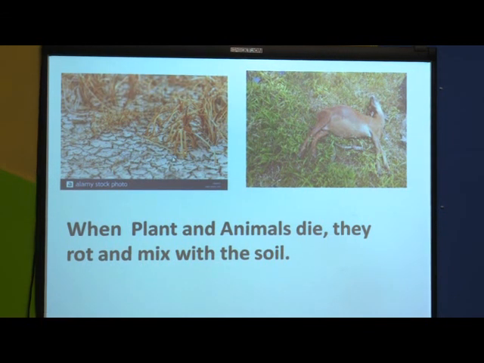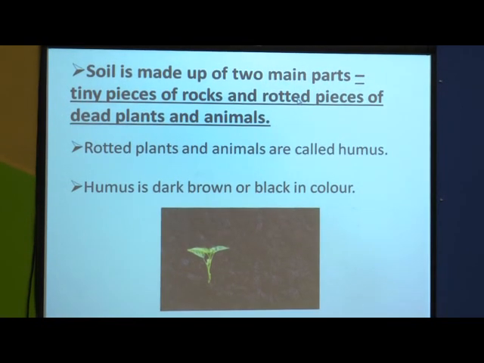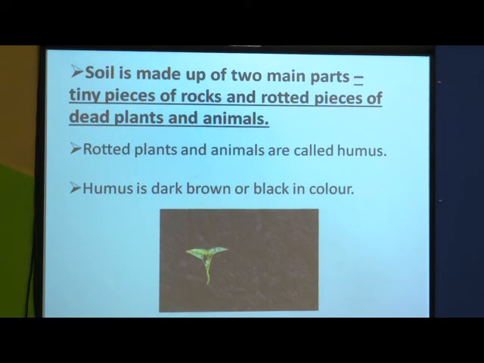You can see a soil. What will happen after the plants die? They will mix with the soil, even animals also. So what have we learned about the soil? The soil is made up of two main parts. First is tiny pieces of rocks, as I have shown you on the screen as well as in the practical way, and rotted pieces of dead plants and animals.